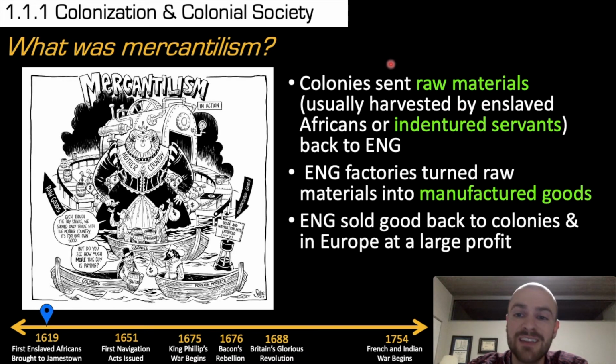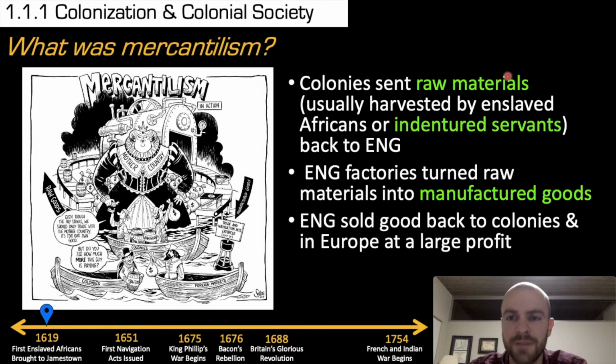After the colonies sent the raw materials to England, English factories turned those raw materials into manufactured goods and then sold those manufactured goods back to the colonies and also to other European countries at a very large profit.